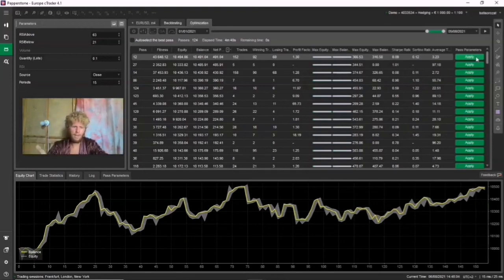Obviously you can trade with a really high stop loss and small take profit, and you have to find optimal parameters that won't generate magic numbers in optimization.